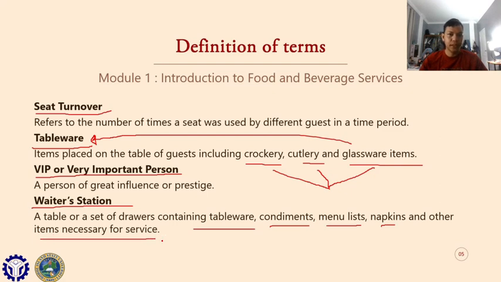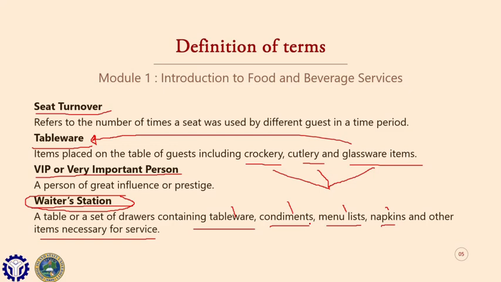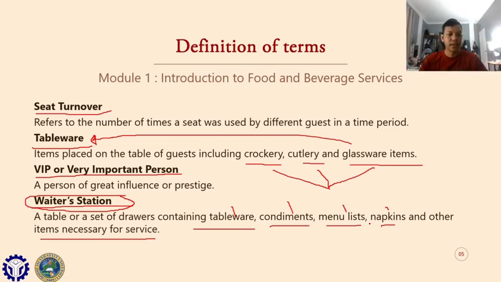So there's a particular place wherein the tableware, condiments, menu list, napkins, and other necessary items, for example toothpicks, etc., are placed. The waiter's station is just like a storage area for the waiter.